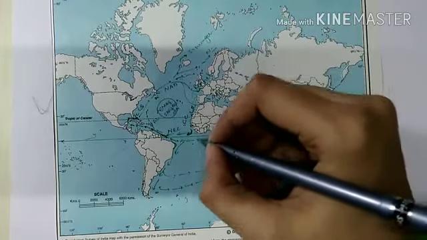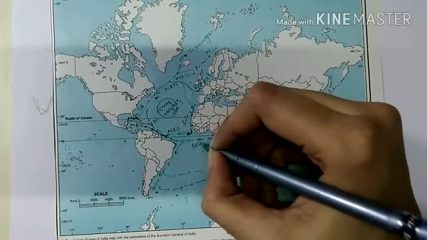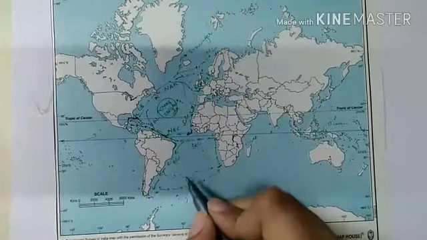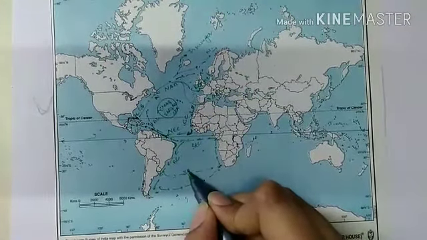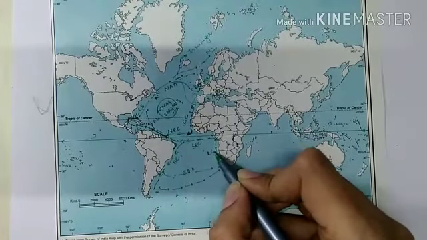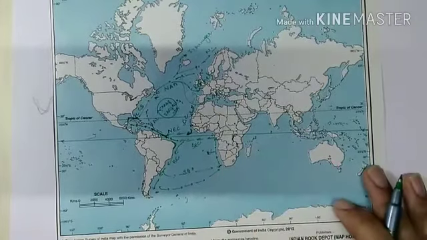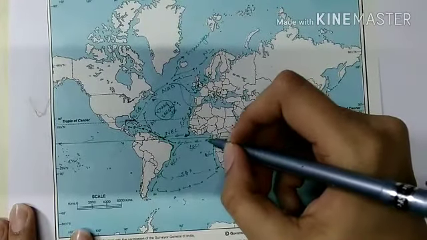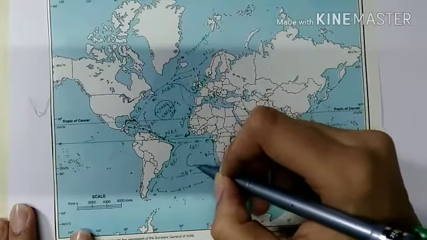So this is the South Equatorial Current, this is the Brazilian Current, and this is the South Atlantic Drift. This is known as the Benguela Current. Now this Benguela Current merges with the South Equatorial Current to complete the whole cycle.